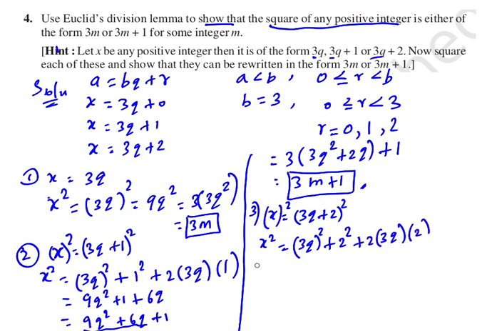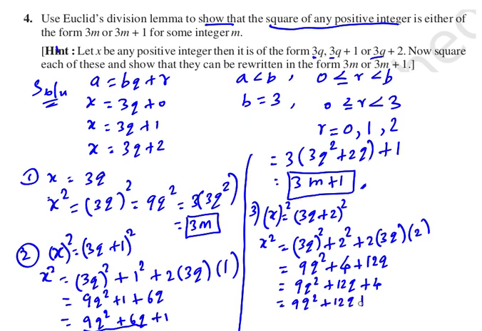So x square equal to, this can be written in the form of 9q square plus 2 square, which is 4, plus 2 times 2 is 4, 4 times 3 is 12q. So 9q square plus 12q plus 4. This 4 we can write as 3 plus 1. So in the first 3 terms, we can take 3 common outside.